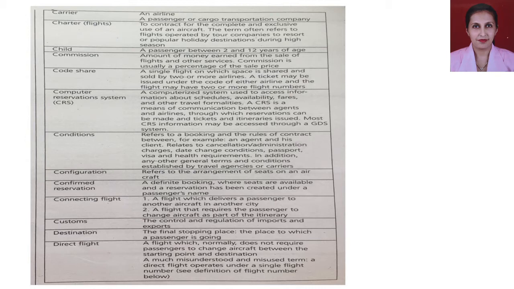If it has a business class, then there will be two or three separate rows exclusively for the business class, and the seats will be one behind another. It will not be very near to each other. There will be a lot of leg space as well as aisle space between the seats. That is for the business class.